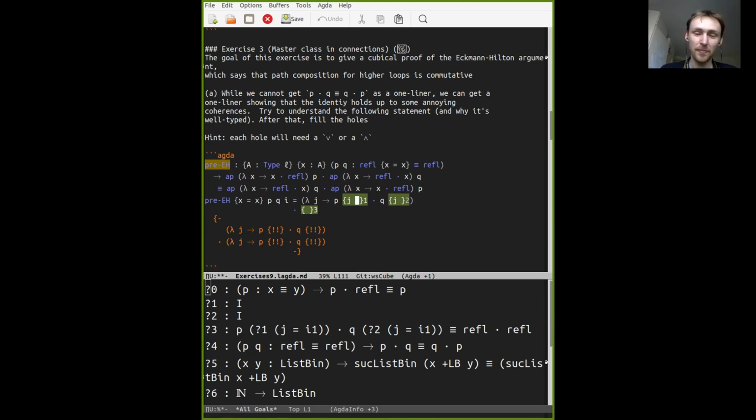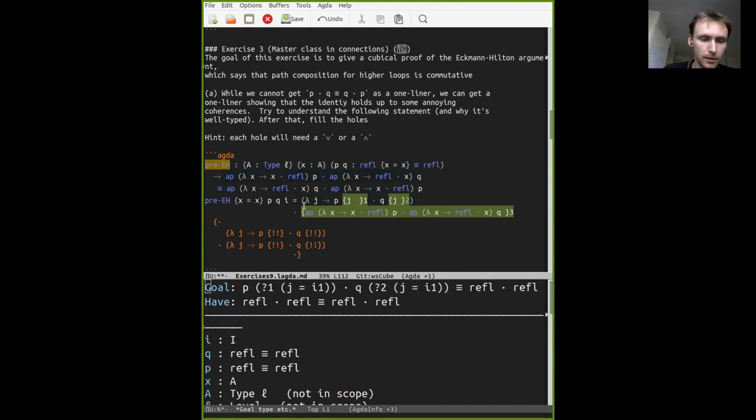But we're kind of forced to use one of them here, because when I take this path and I restrict, remember that this whole thing here is a path from refl composed with refl to refl composed with refl. Oh no, wait, is it? What am I saying? Yeah.